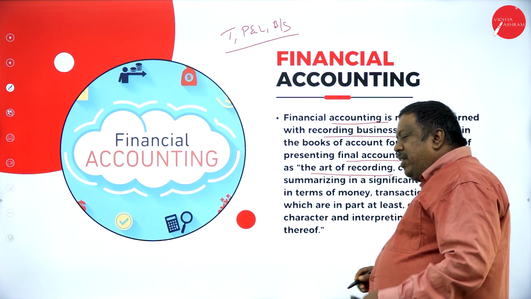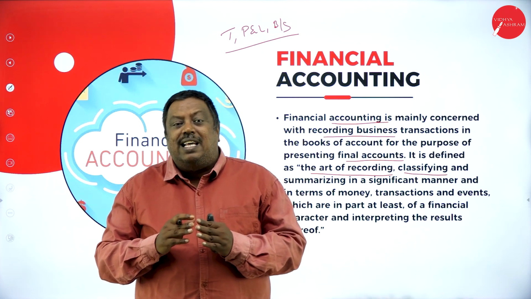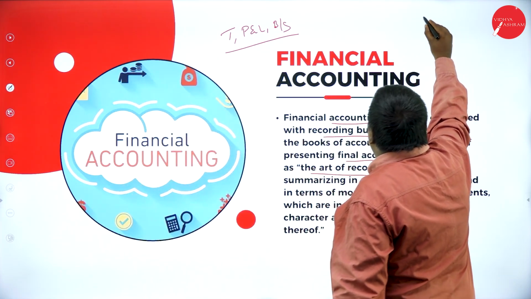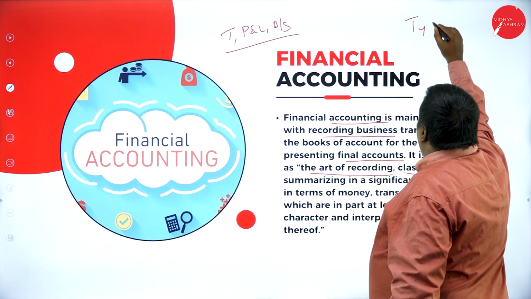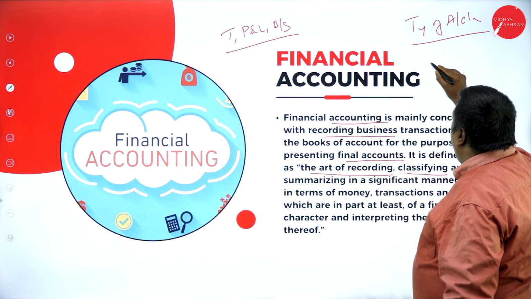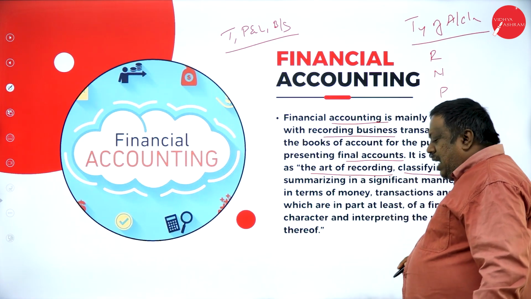Then classifying. When you have recorded the information in the books of account, it should be classified into three different accounts. Types of accounts: in this, we have real account, nominal account, and personal account.